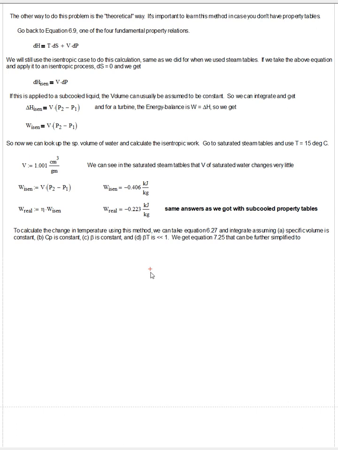If you look up some values of beta, you'll see that it's 10 to the minus something something. So what we can assume is that the product of beta times temperature, and our temperature is only 15 degrees C or 288 Kelvin, is also going to be much less than 1. So when we do that, we get equation 725 that can further be simplified to this equation right here.